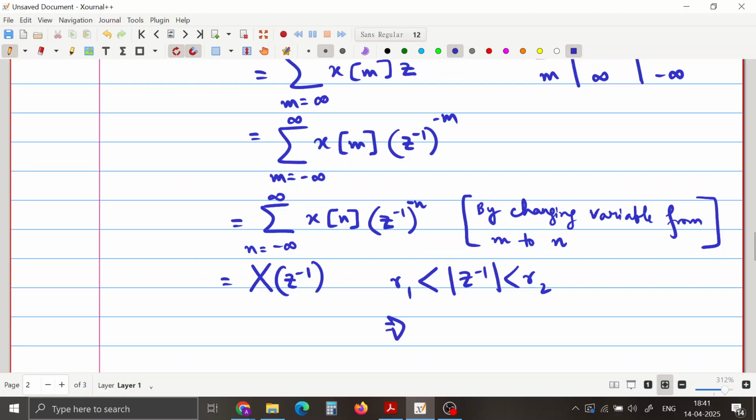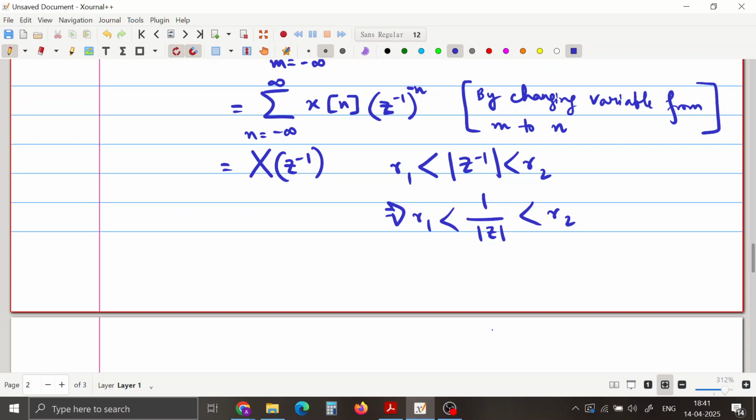That means R1 is less than 1 by mod z, which is less than R2. This becomes 1 by R2 less than mod z less than 1 by R1. So this is now your new region of convergence. This is the change which happens in the ROC.